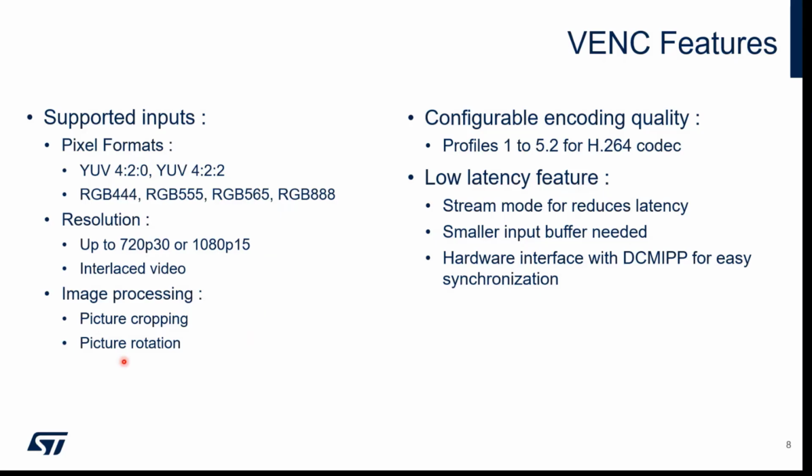We can do some additional image processing like cropping or rotating the picture. We support profiles from 1 to 5.2. These are standard profiles defined by the H.264 codec. And we have the low latency feature, so we can automatically start the encoding once we receive the picture from the camera.